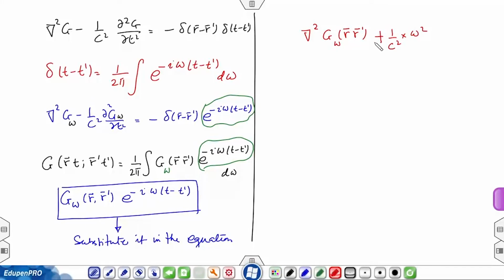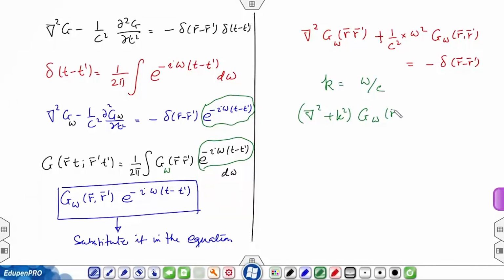So, that will become plus g omega r r prime equals minus delta r minus r prime. Write k equals omega over c, to write this equation as del square plus k square g omega r r prime equals minus delta r minus r prime.